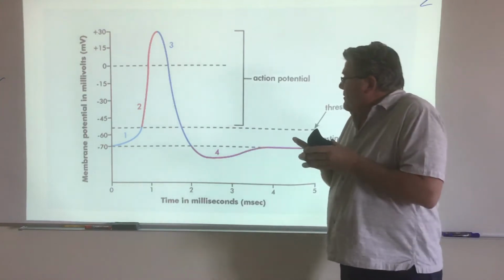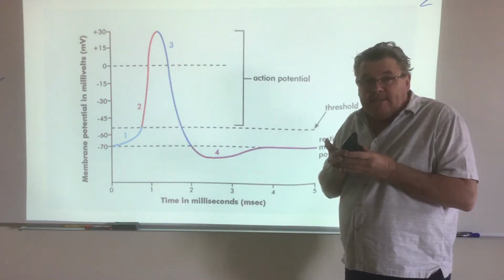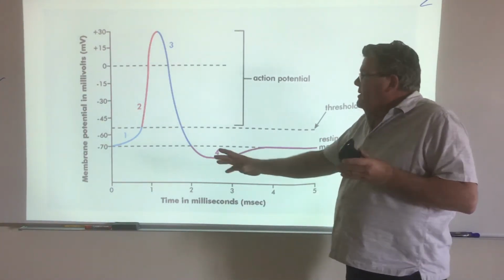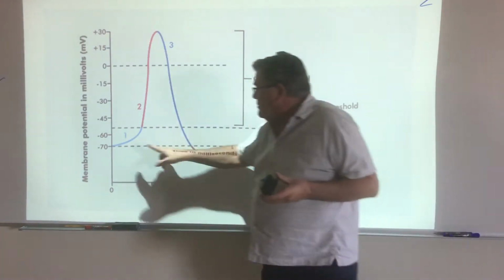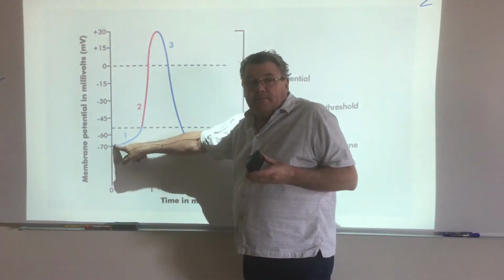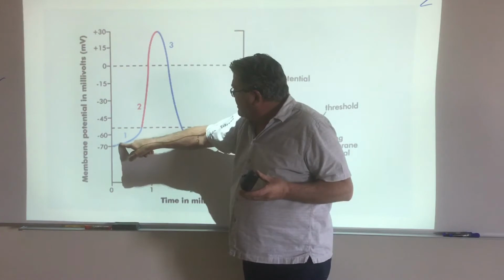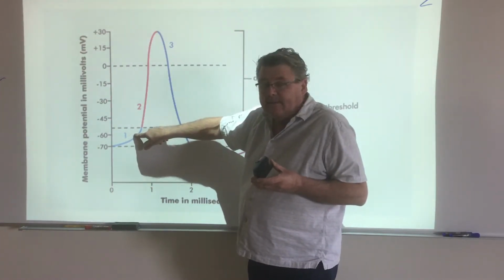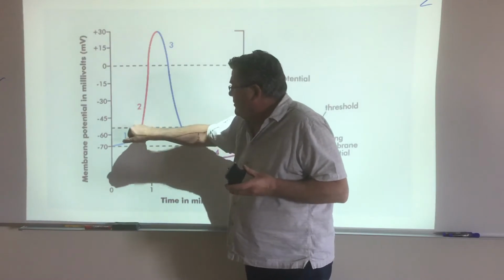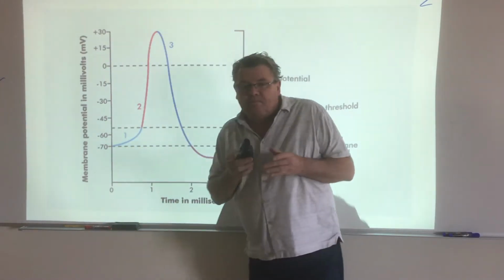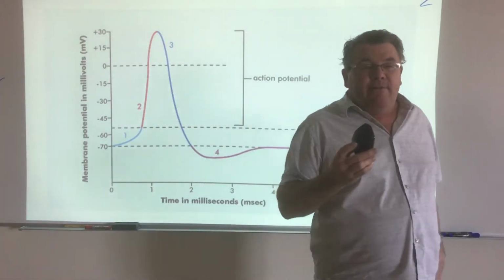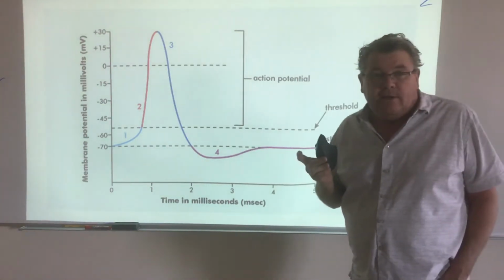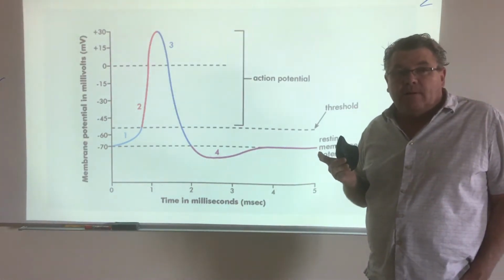Sodium is much more prevalent on the outside than it is on the inside, so it's going to move in, it will diffuse. As those sodium ions go in, they carry a positive charge, making it less and less negative until we hit -55. This is when we have what are called voltage gated channels open.